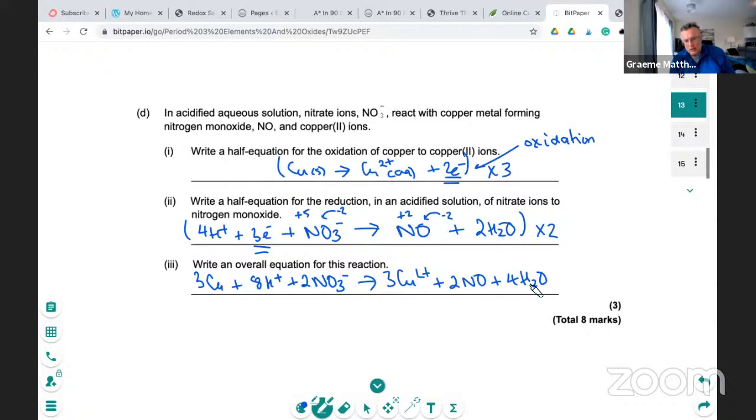Right. Now, can I simplify down? Like, did anything cancel out? No. And so let's say solid, but put this in aqueous. All right, hold on. Aqueous, or nitrogen monoxide is a gas, and this is a liquid, right?